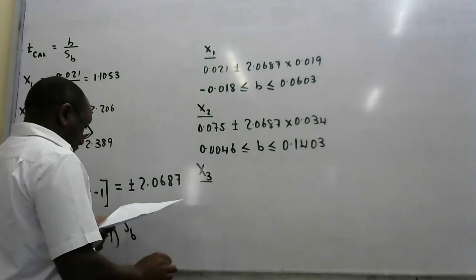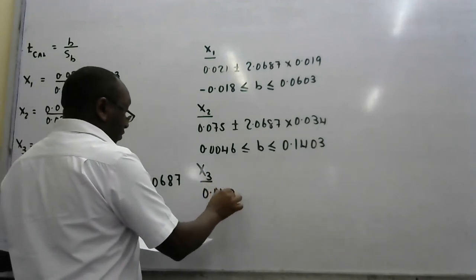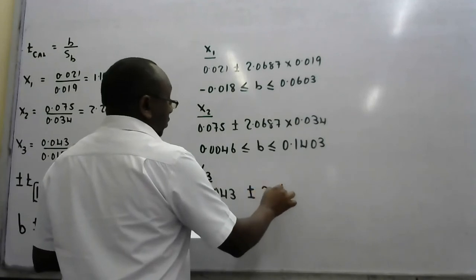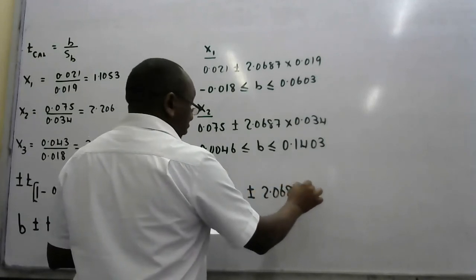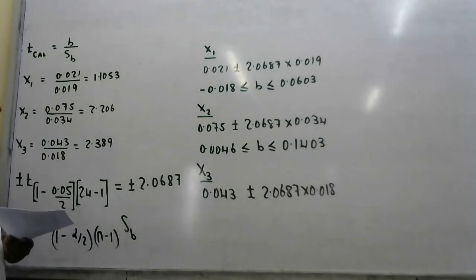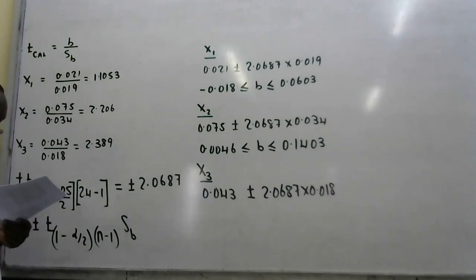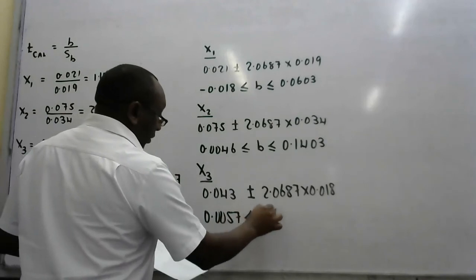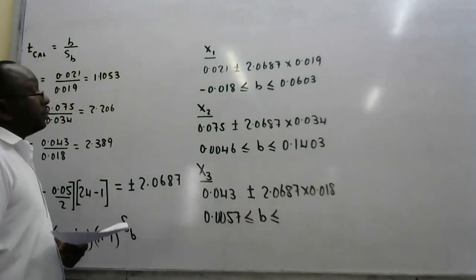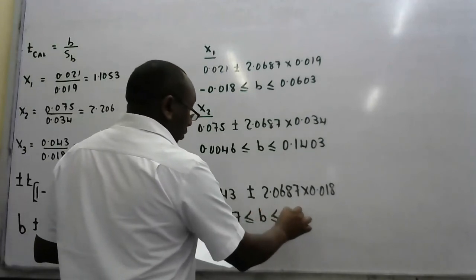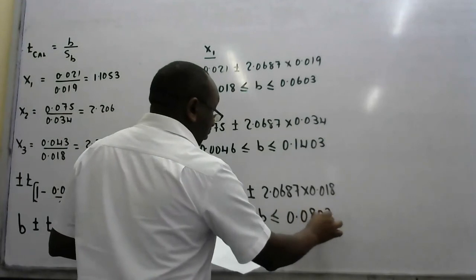X3 is 0.043 plus or minus 2.0687 times 0.018. The lower is 0.0057 and the upper is 0.0802.